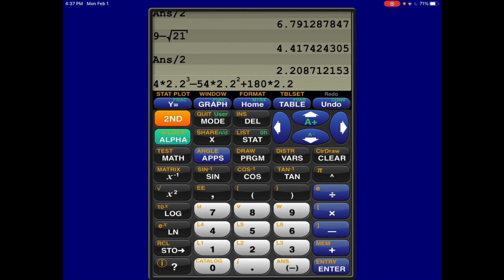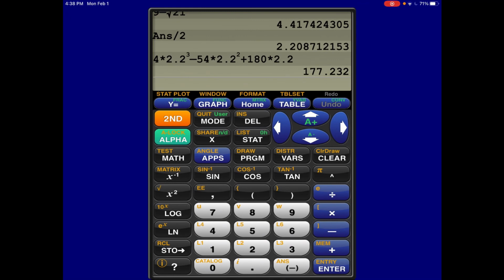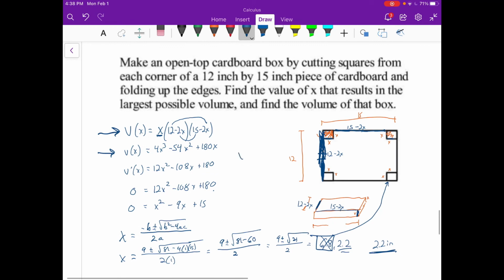Now this is not going to be exact because that 2.2 was rounded, but we have 177.232. So the volume is 177 inches cubed, and the x should have been 2.2 inches. And there we have it.